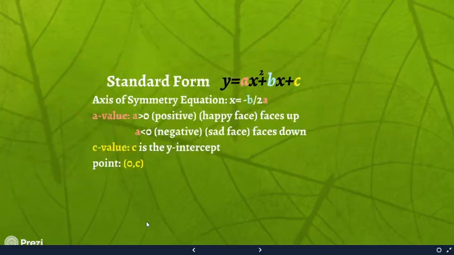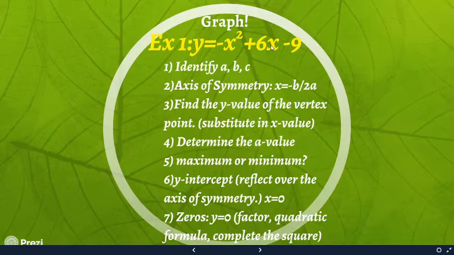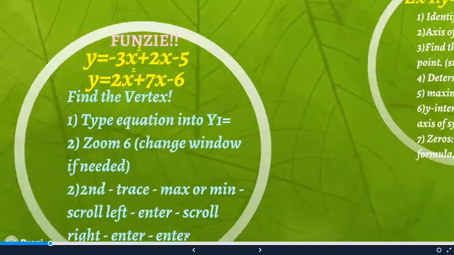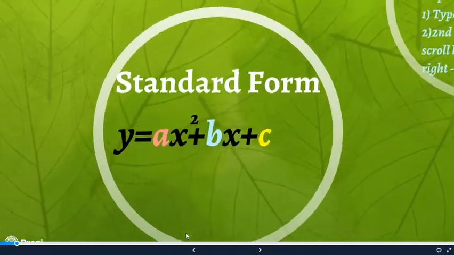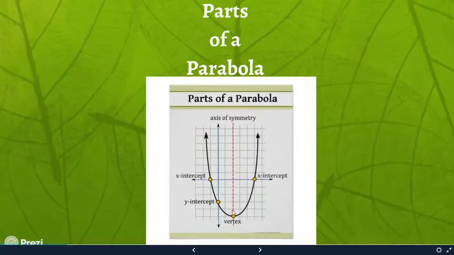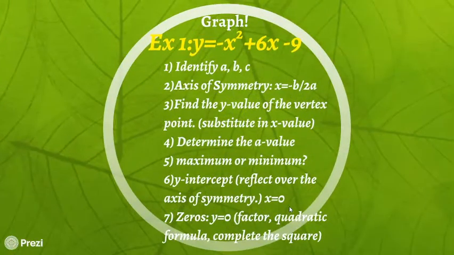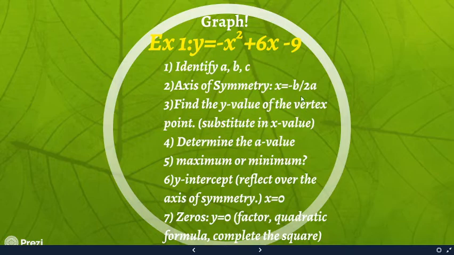Okay, so example 1, again, we're going to start from standard form. We're going to find all of these lovely pieces, which are all key parts that will help us to graph the parabola. So we will be identifying the a, b, and c, which will help us to find the axis of symmetry equation.